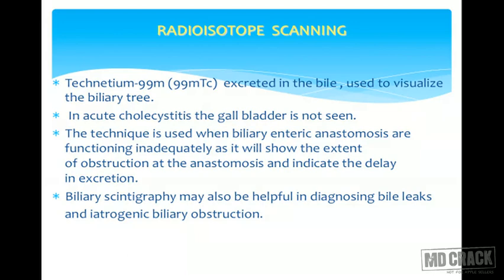So whenever a patient has recurrent cholangitis along with biliary enteric anastomosis, this is the method of choice of investigation to find out the obstruction, because other diagnostic imaging like MRCP will only tell you the static functioning, but dynamic images can be obtained through scintigraphy.